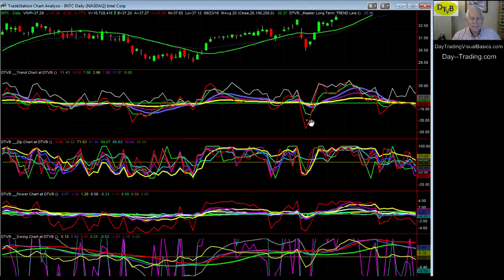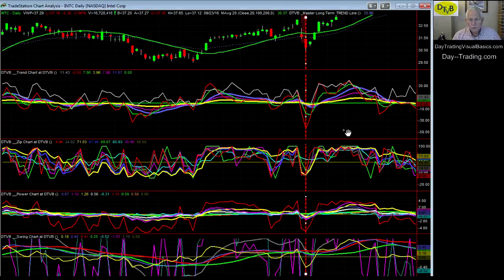You typically get a nice uptrend when trend red is low. Now in this case right here, first off, I am going to draw a vertical line right here that identifies what I'm talking about.